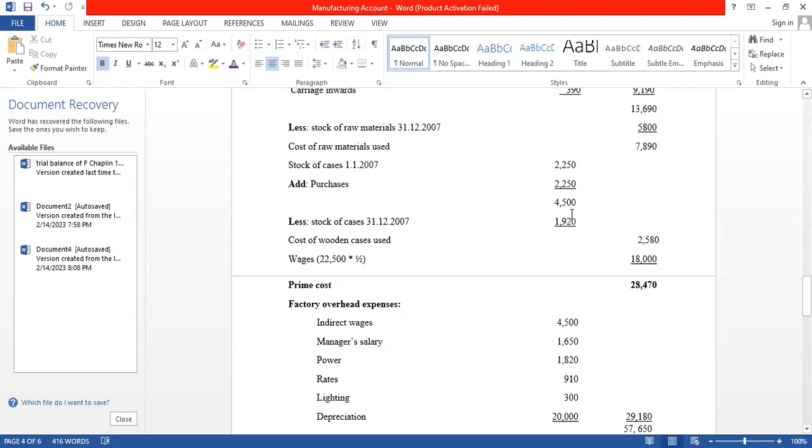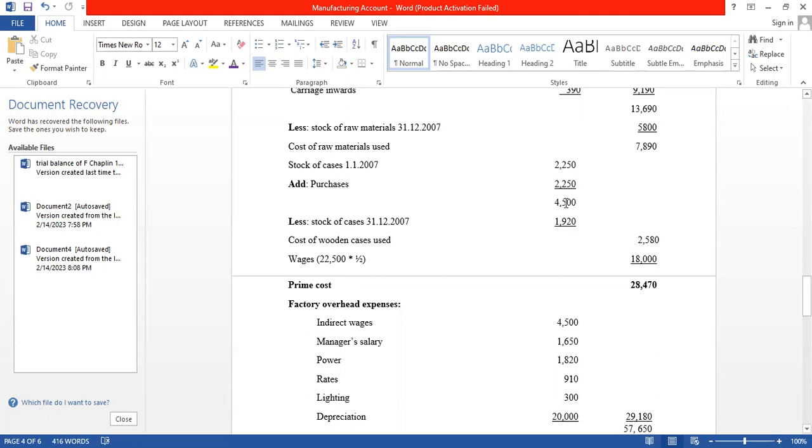When you use your calculator to do that, you should get $2,580. That's this right here. Good. Now, the next thing we're going to do, because they said we should find the cost of wooden cases used, so that's what's gonna be our next item.